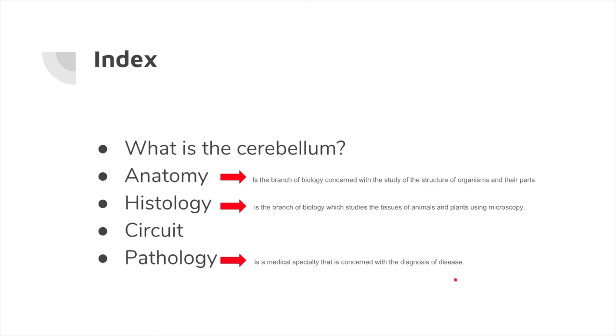In this presentation we're talking about what the cerebellum is, the anatomy, that is the branch of biology concerned with the study of the structure of organisms and their parts, the histology, that is the branch of biology which studies the tissues of animals and plants using microscopy, the circuit, that is the working way of the cerebellum, and the pathology, that is a medical specialty concerned with the diagnosis of disease. All of this regarding the cerebellum, of course.